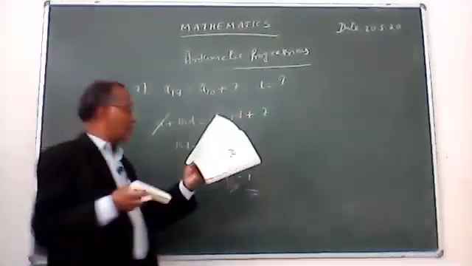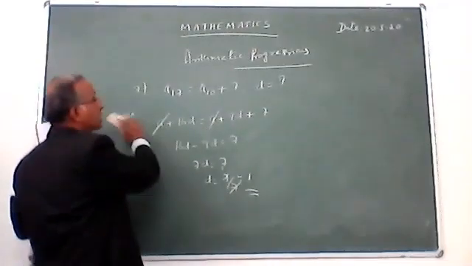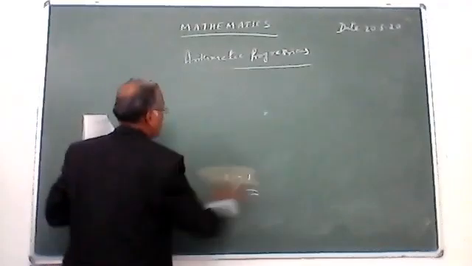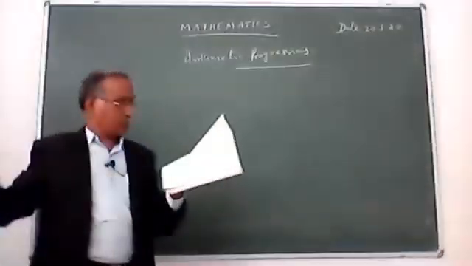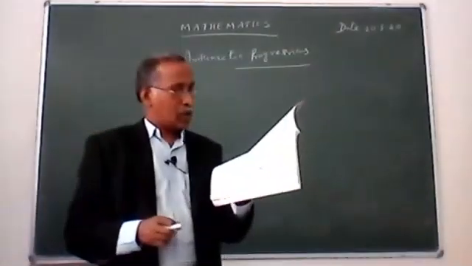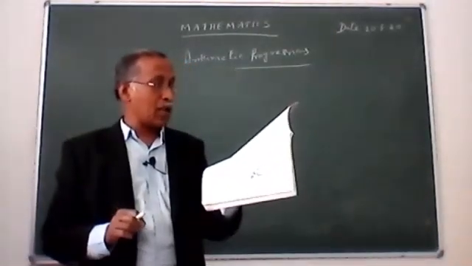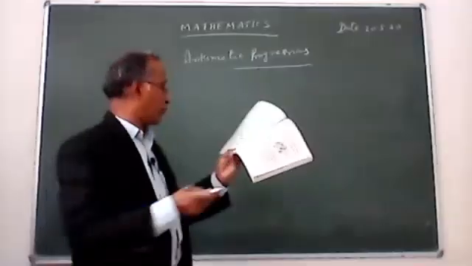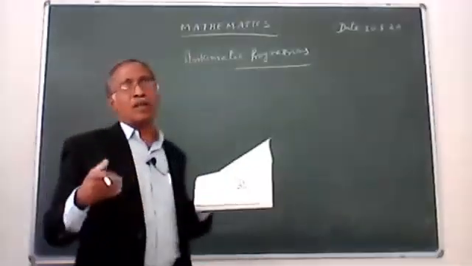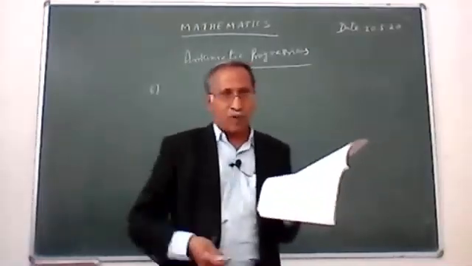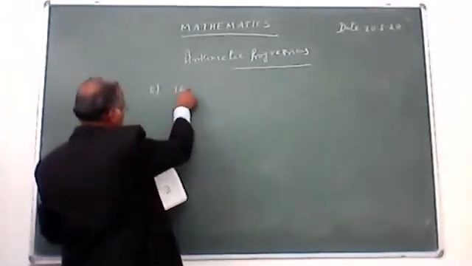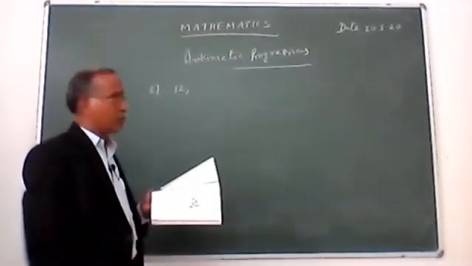This is the way you have to solve the sums here. In the same way, the next sum I will be taking up. How many multiples of 4 lie between 10 and 250? What are the multiples of 4? The number which is divisible by 4 is called a multiple of 4. Therefore, after 10, 12 is divisible by 4, therefore a multiple of 4.